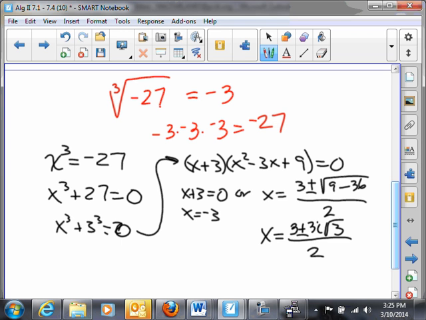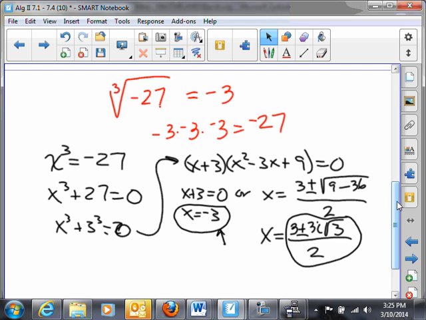So 3 plus or minus 3i square root 3 over 2 can also be used as a factor 3 times to get negative 27. And so you see, it makes a lot of sense to say that even though this one isn't positive, it is the principal root. It's the only one that's real. So the radical symbol says we want the principal root. If there's a positive one, we take that one. If there's not, we take the one that's the nicest. Of course, that's not really a mathematical definition.